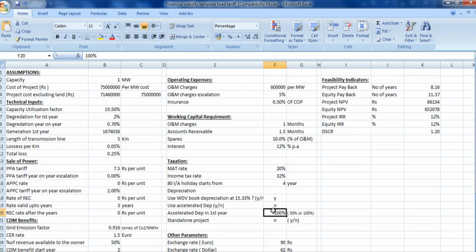Even though the equity return has not changed much, might be a point, the DSCR has reduced drastically from 1.28 to 1.2, which is a substantial change. So we can look into another template also, where we work out on the basis of the REC mechanism.